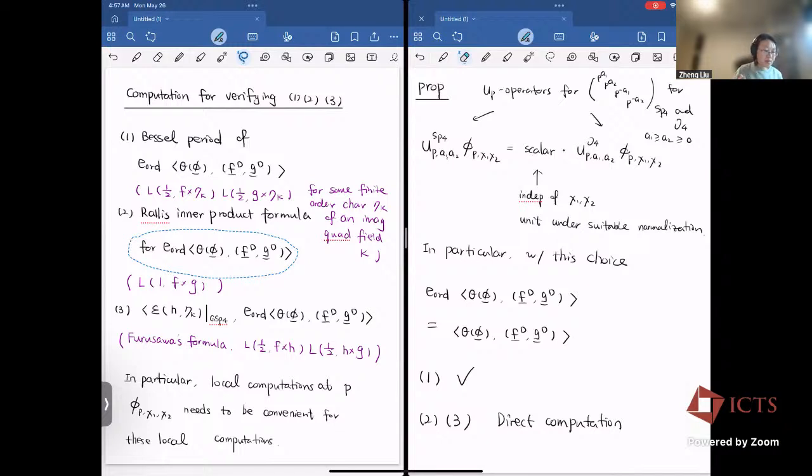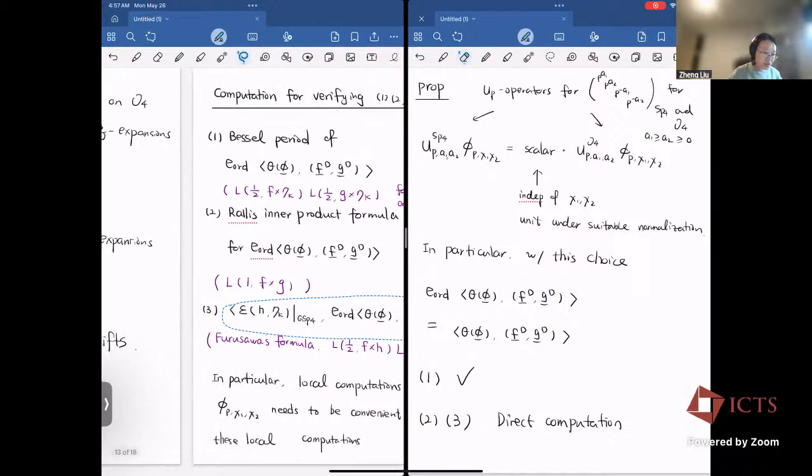But for 3, it's a little bit opposite: direct computation only gives us the scalar weight, and for the Yoshida lifts, but we can do general Nebentypus. So they're kind of complementary to each other.